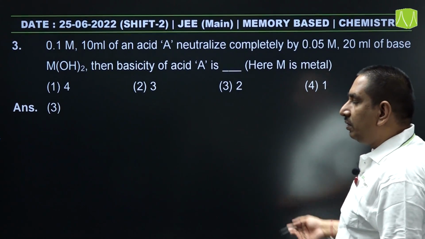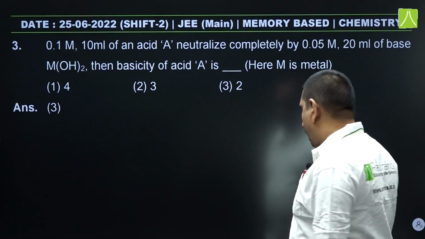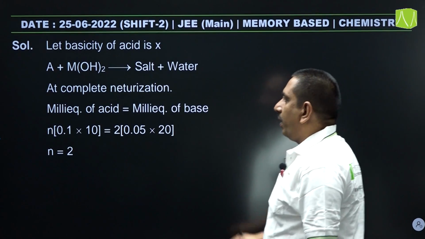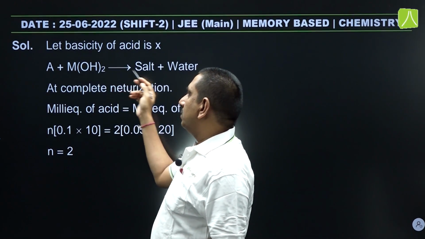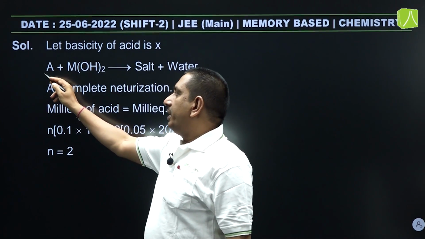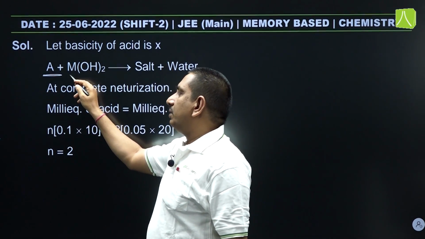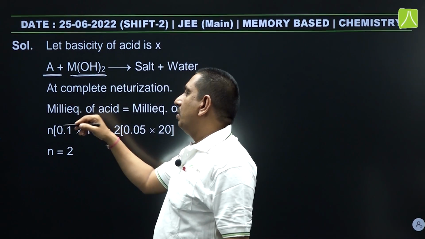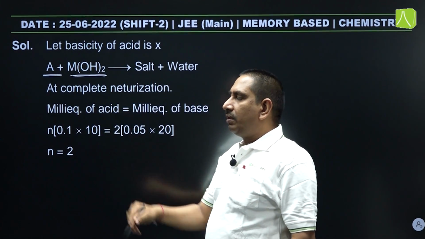It is based on law of equivalence, and acid when reacts with base, it gives salt and water, and here the milliequivalents of acid is equal to milliequivalents of base, and we are using this law of equivalence.